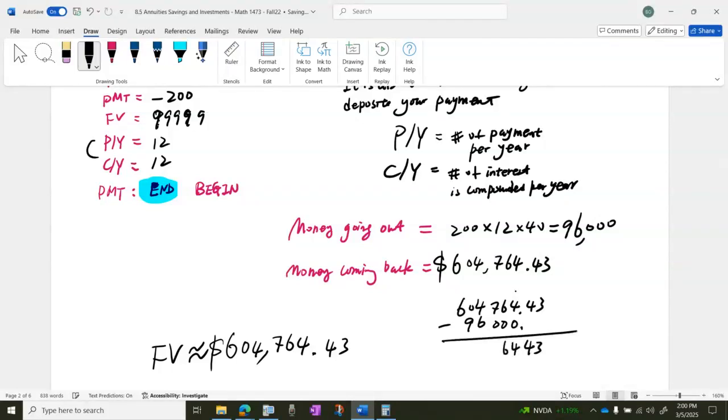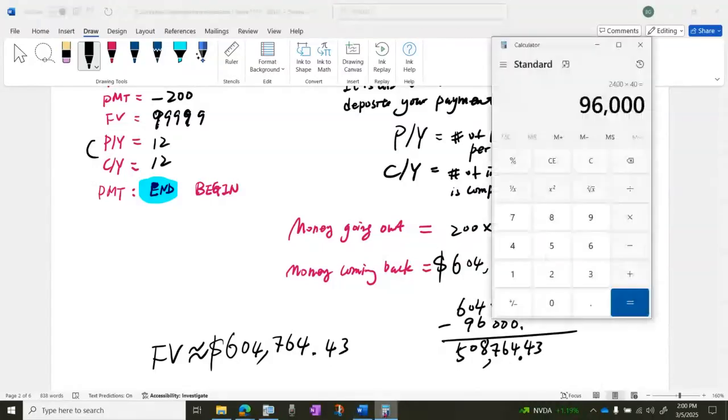Then we would have about $500,000. 200 every month, 12 months, for 40 years is 96 grand.